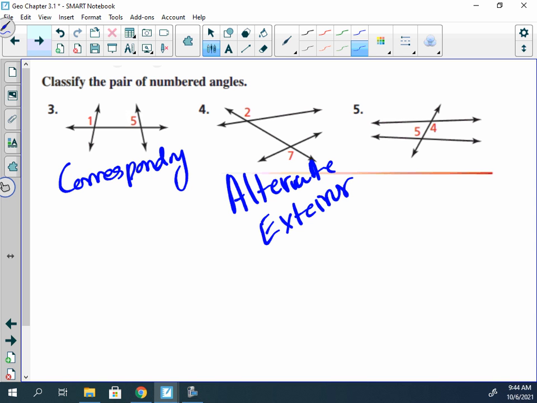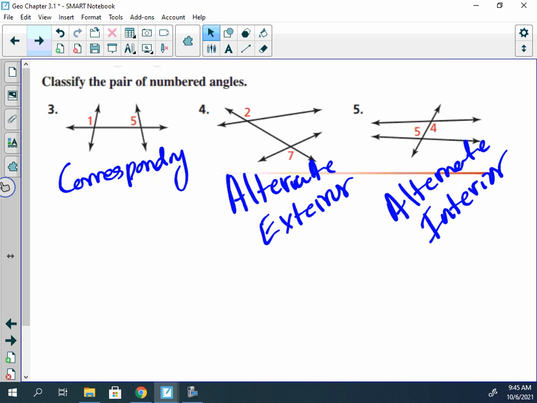The number 4 is alternate exterior because they're on alternate sides of the transversal and outside the two lines. They're alternate and they are on the exterior. And exactly number 5, well, 4 and 5 are on opposite sides of the transversal. So it would be alternate interior, because they're on opposite sides of the transversal and in between the two lines.